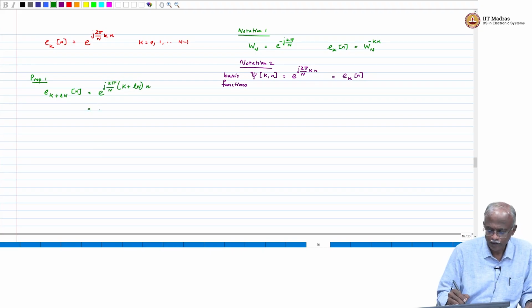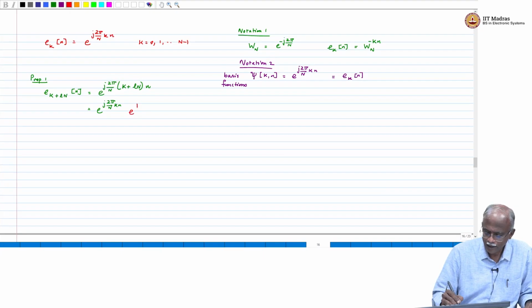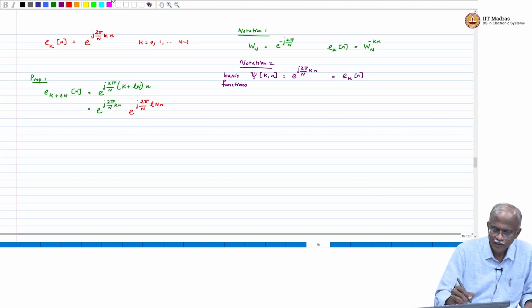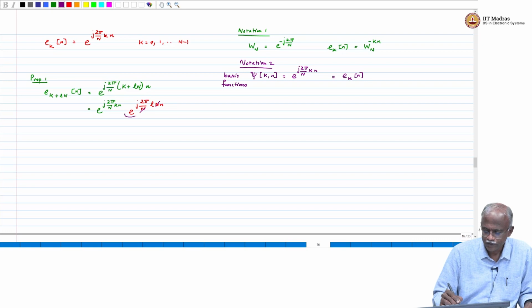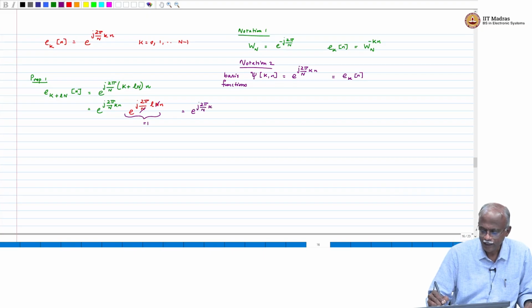This is nothing but e power j 2 pi by n kn times the second term, e power j 2 pi by n ln n. Cancel off the n, so it is a multiple of 2 pi, so this term is equal to 1, and therefore this is equal to e power j 2 pi by n kn.